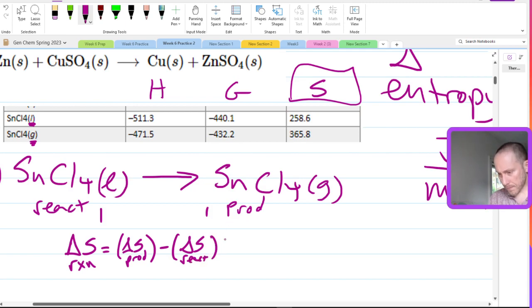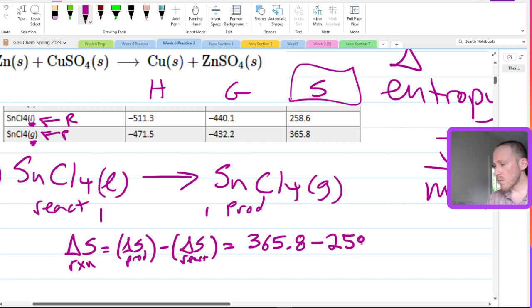So we've got product and reactant. So we've got 365.8. I don't have to convert the units because we're just sticking in delta S land. We're not talking about anything else.